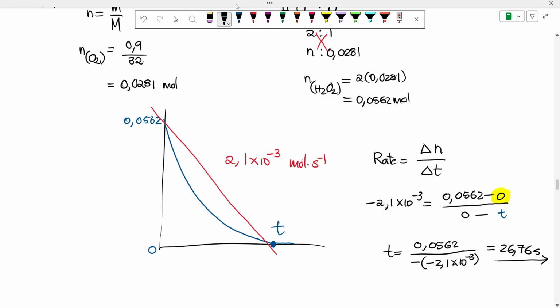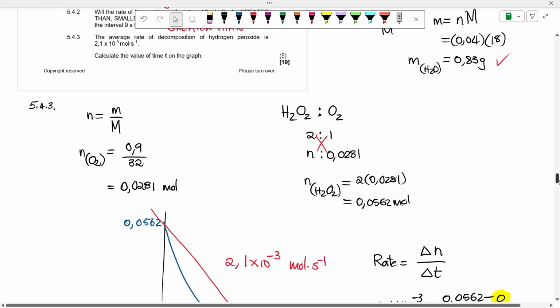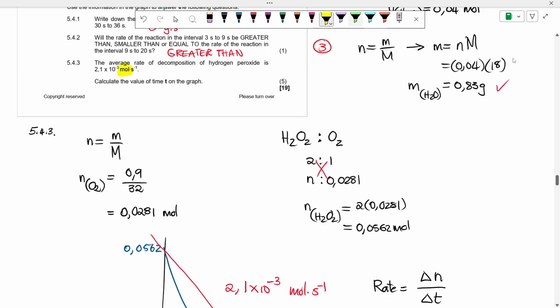So once again, if we quickly recap, you needed to find the number of moles. The reason we want to convert to moles is because the rate of reaction is given in terms of moles, right? Then we go to the ratio part in order to convert all the information to hydrogen peroxide.